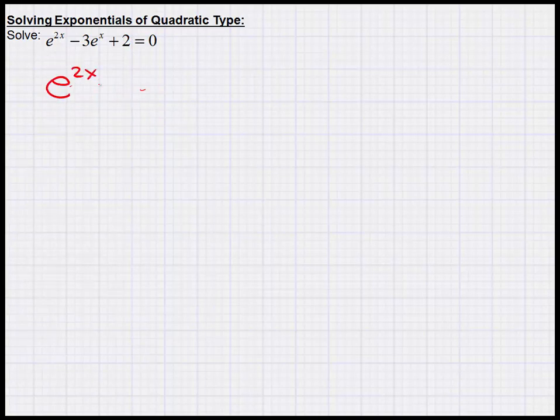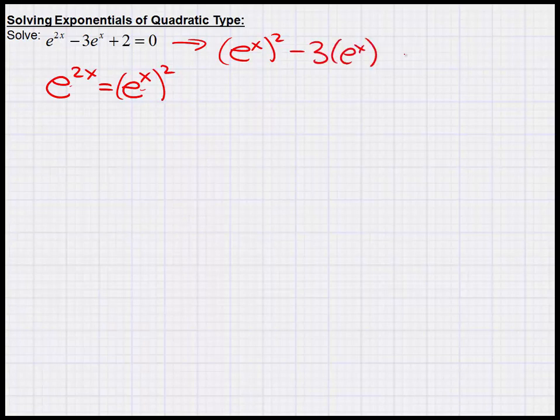E to the 2x is e to the x squared. Because if you have a power to a power, you should multiply these exponents, and that would give me e to the 2x. If that's the case, this equation is e to the x squared minus 3 e to the x plus 2 equals 0. And if I pull this e to the x out, this is just going to look like a quadratic.